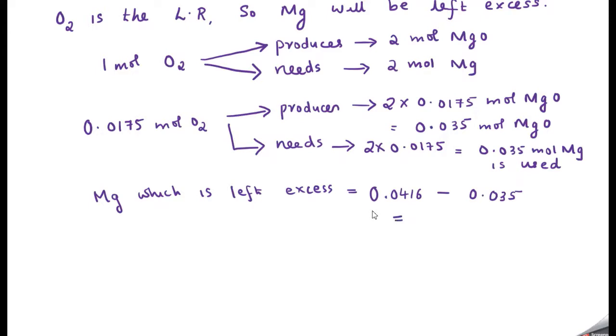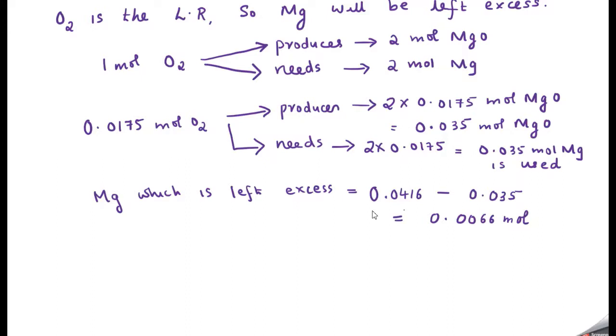If you do this subtraction, 0.0416 minus 0.035, it will come around 0.0066 mole. So magnesium which is left in excess, not used in the reaction, is 0.0066 mole. What about oxygen?